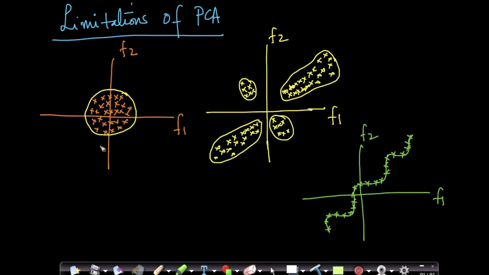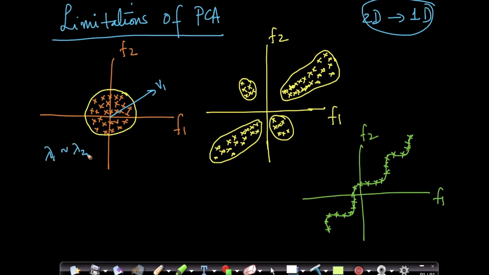Suppose my data set looks like this. Of course, I'll only look at two-dimensional data because that's easy to understand. Suppose we want to project data from 2D to 1D. Let's assume our data set looks like this, and this was my V1. If I project onto this, I'm going to lose a lot of information because this is like a circle, which means my lambda 1 is roughly equal to my lambda 2.